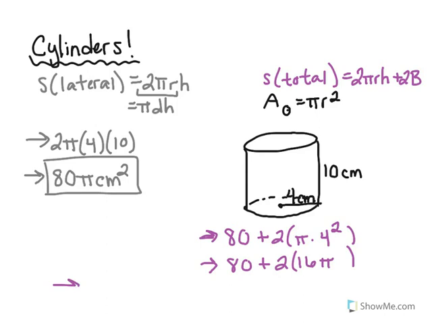Let me start over here. I'm running out of room. So now I have 80 pi, oh, and I forgot the pi in there. I'm so sorry. So 80 pi plus 2 times 16, which is 32 pi. And then I add the pi's together. So 80 plus 32 is going to be 112 pi centimeters squared.